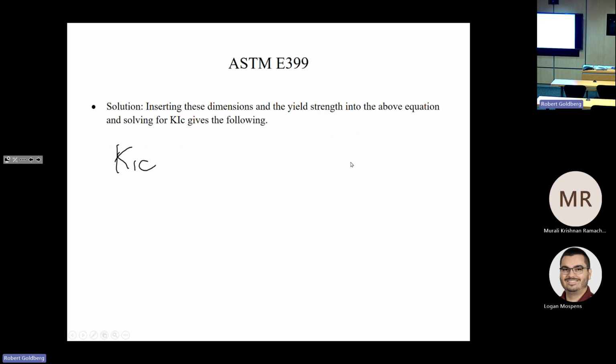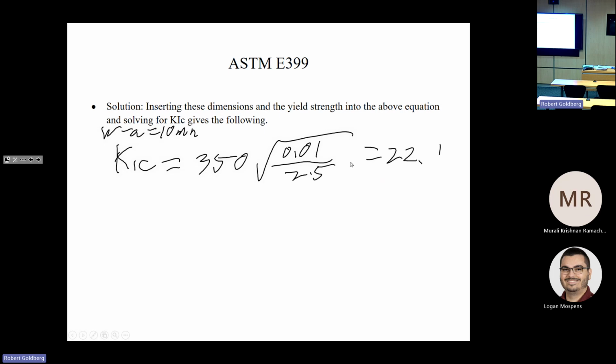So for the first case, W minus A equal to 10 millimeters, K1C is equal to 350 times the square root of 0.01 meters divided by 2.5, which is equal to 22.1.